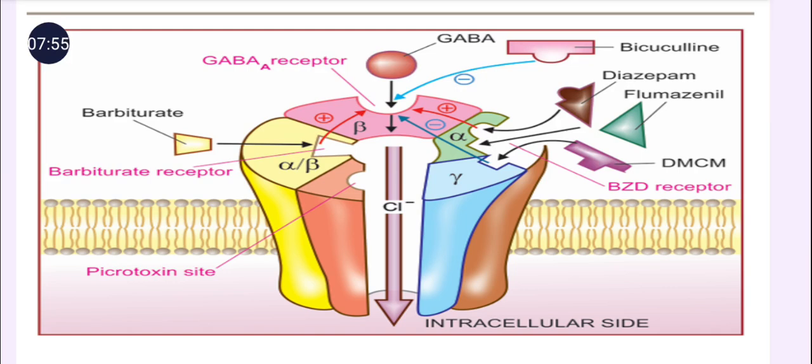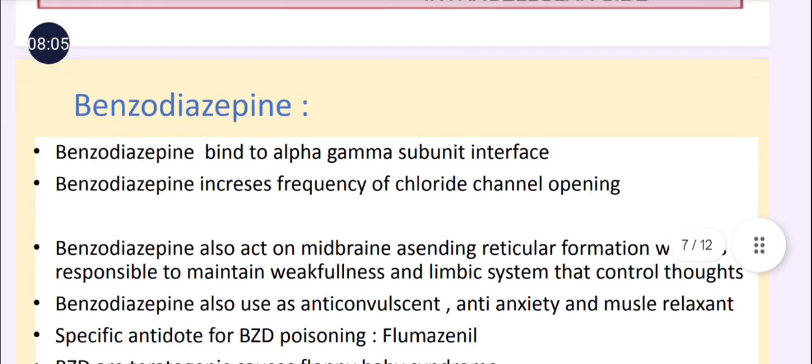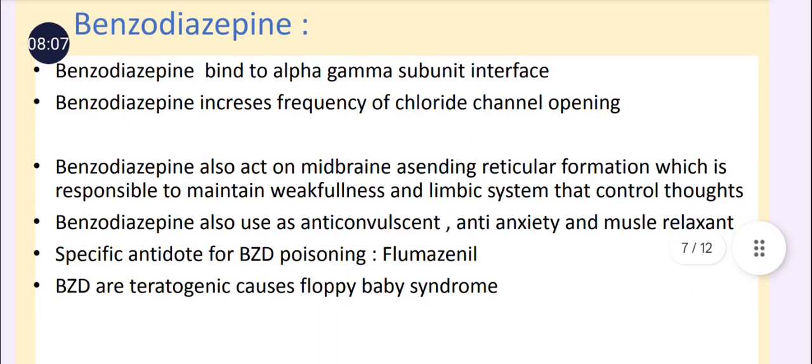This is a pentameric structure, alpha beta interface, beta alpha gamma interface, and the binding site is different for both drugs. Benzodiazepine class drug binds to the alpha gamma interface of the GABA A receptor.